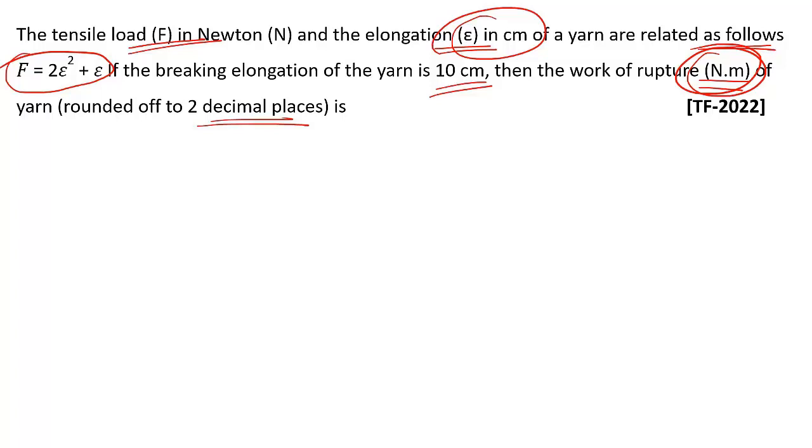So F is equal to 2E square plus E and breaking elongation is 10 centimeter. We know that work of rupture is the area under the force elongation curve.